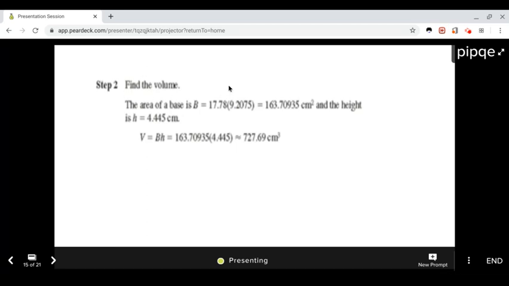So now the next step is finding the volume. The area of the base is 17.78 times 9.2075, which is equal to all of this. And the height is 4.445. Now all that's left is for us to multiply these, and we get about 727.69.